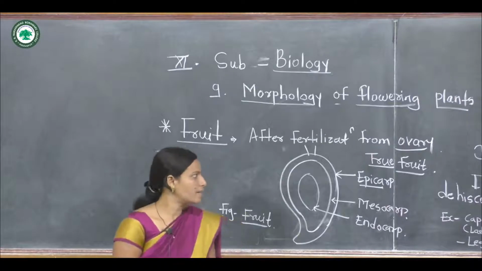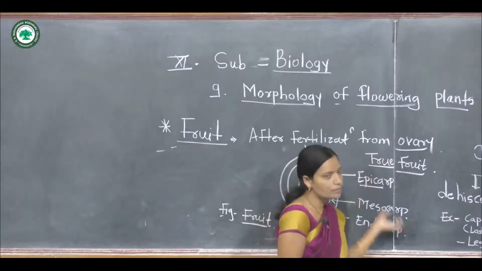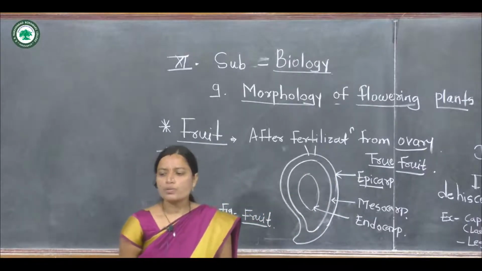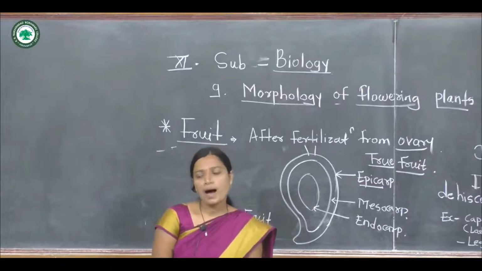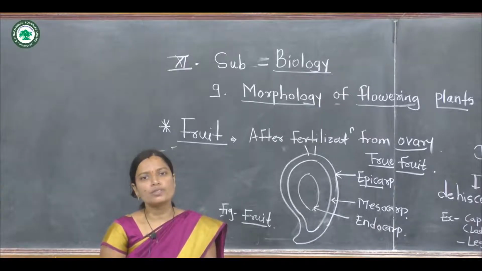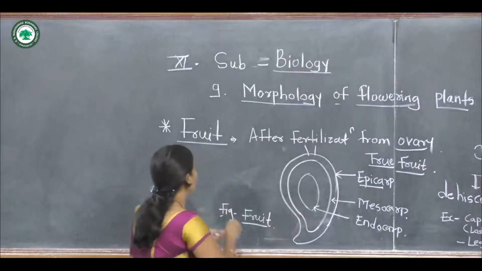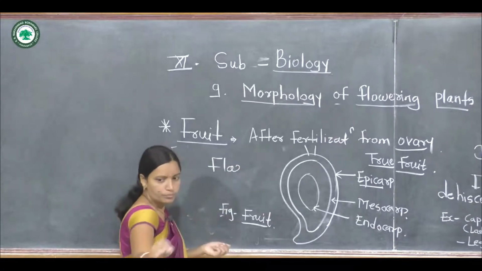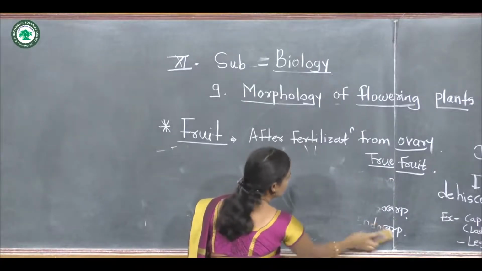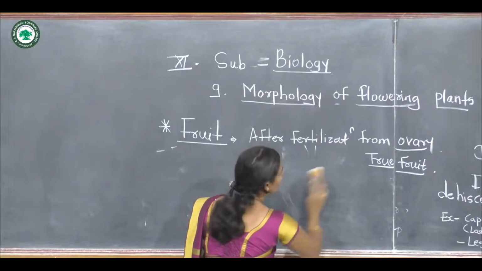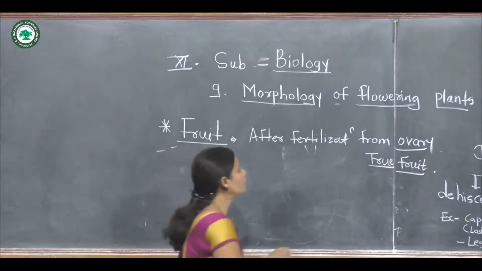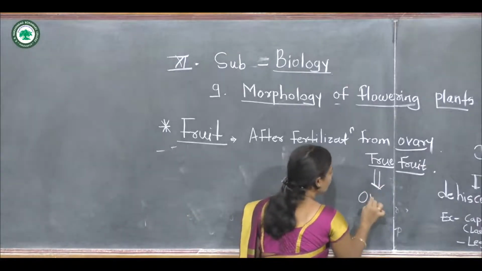In some plants true fruits are produced, typically formed after fertilization. But in some plants, fruits develop from other floral parts of the flower, and this type of fruit is called a false fruit. What is the difference between true fruits and false fruits? True fruits develop from the ovary.